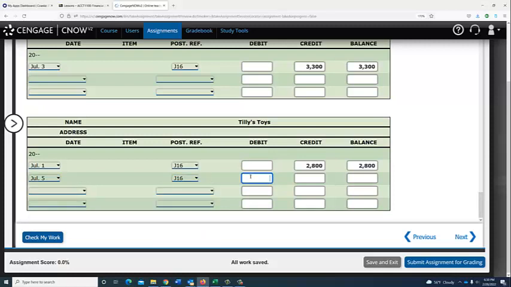So we're going to debit their account for $300. So we now owe Tilly's $2,500. Originally we had a $2,800 credit. We gave Tilly's account a $300 debit. So we subtract those two and we end up with a $2,500 credit.